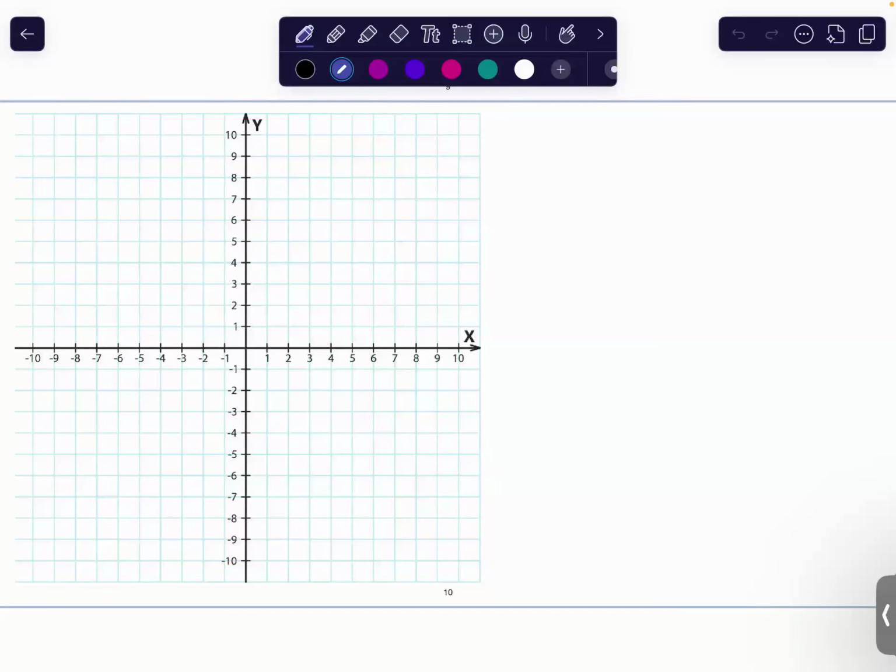Okay, so let's see if we can actually do this. I'm not in what you would call the greatest mood at the moment. Okay, so we're going to look at displacement vectors. What I'm going to do is start by drawing some vectors in here.